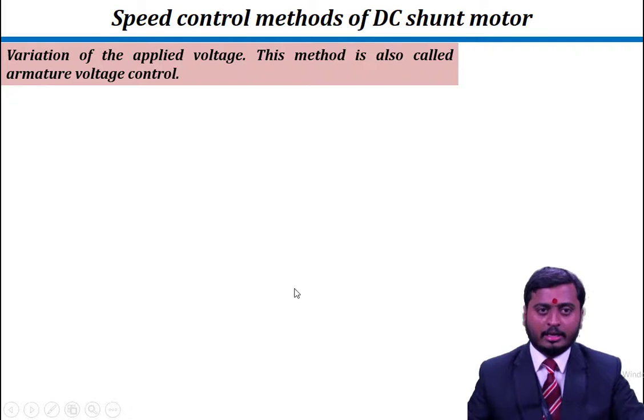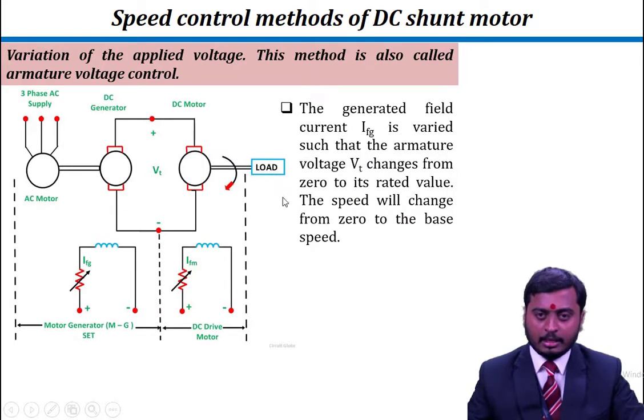The generator field current, that is IFG, is varied in such a way that the armature voltage Vt changes from 0 to its rated value. As we have control over this voltage Vt, and this controlled voltage, increased or decreased in magnitude, can be given to a DC motor as an input, then only we can control the speed of this motor.